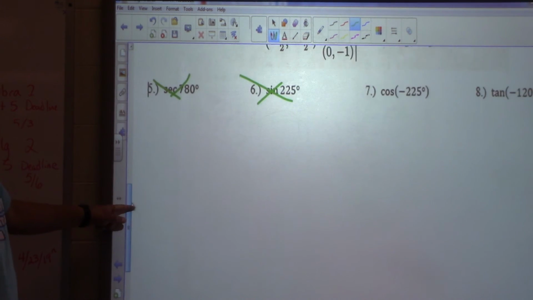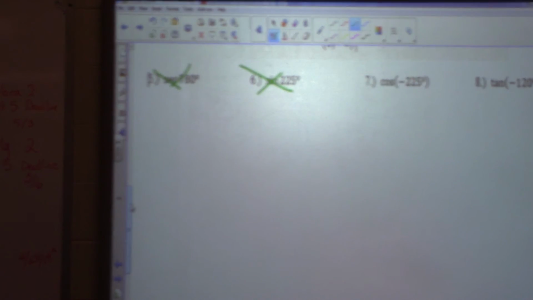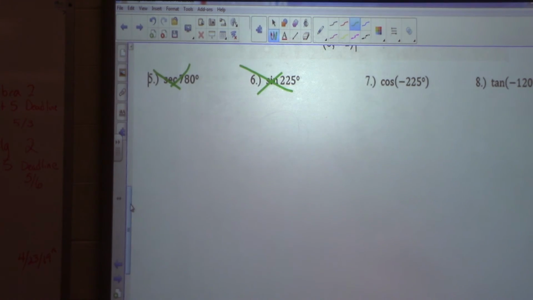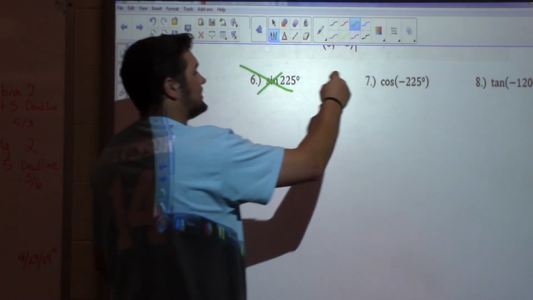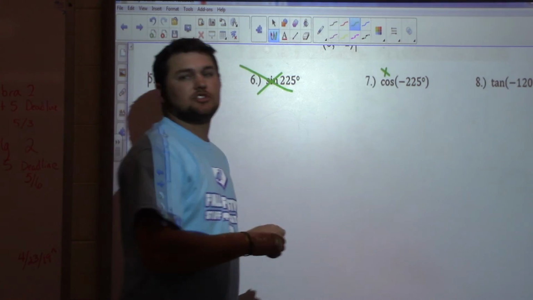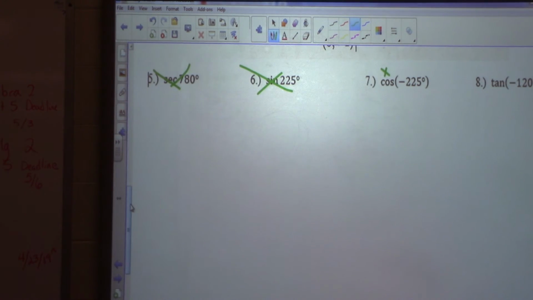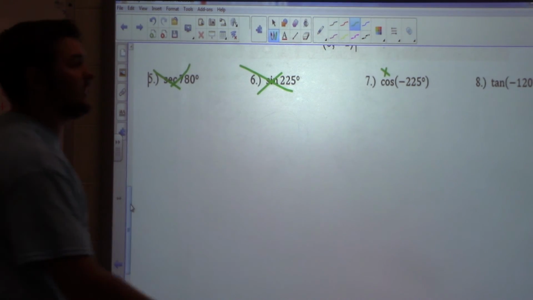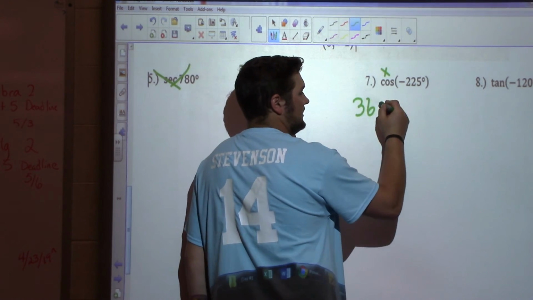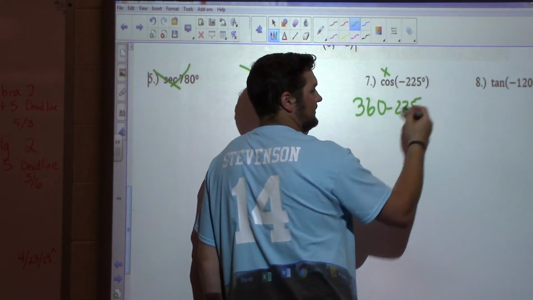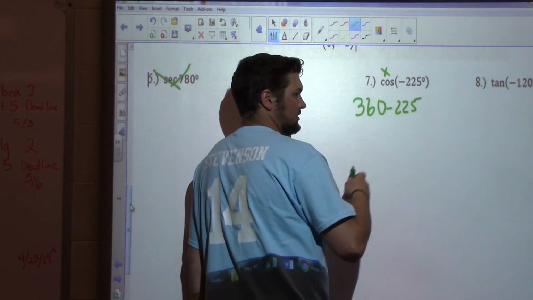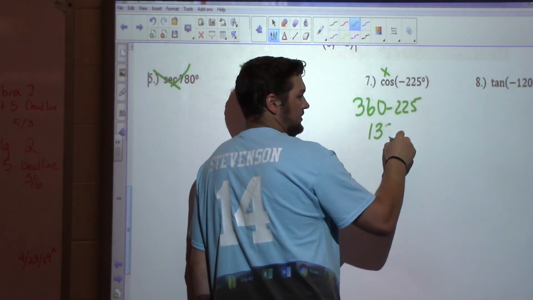Alright, so 7, cosine of negative 225 degrees. Remember, cosine we're looking for x. Instead of looking for negative 225, I'm going to find that positive value. I'm going to go 360 minus 225, which should give me 135 degrees.